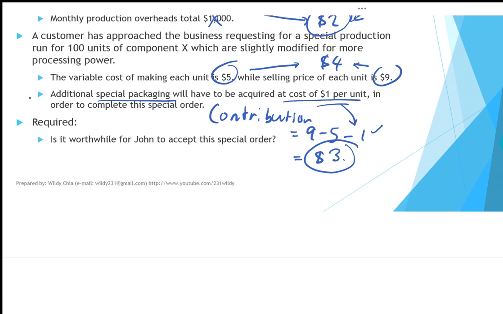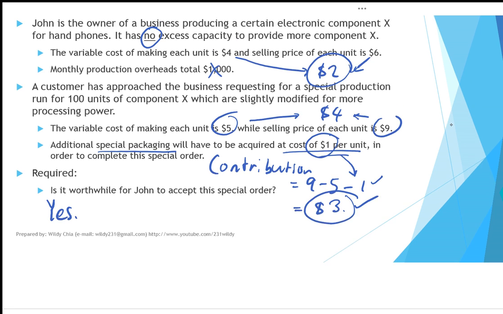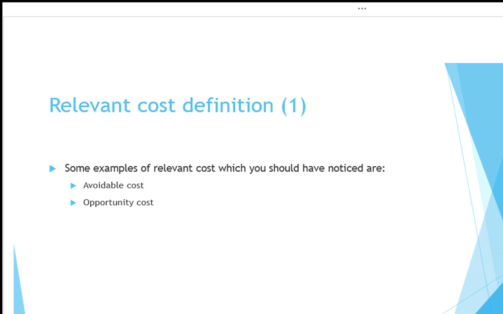The answer is yes. Even though there is an additional cost for special packaging, the net contribution is still worthwhile for John to turn away existing customers and take on this special order. It's still worthwhile.